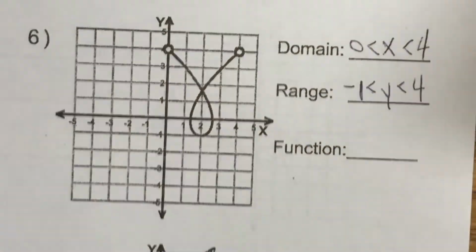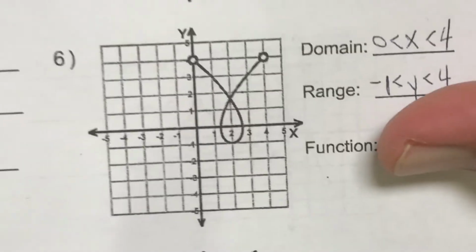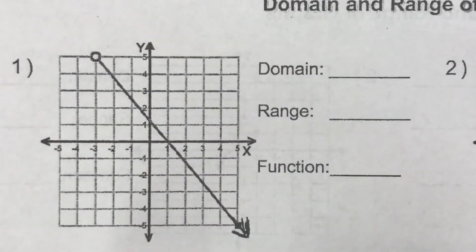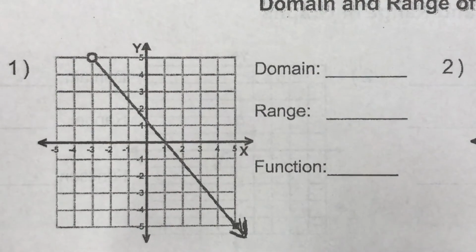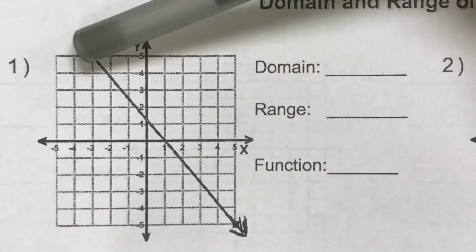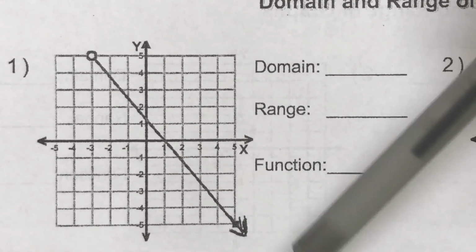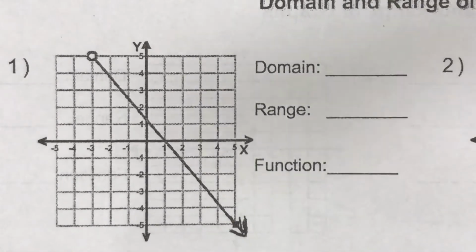Now let's look at a graph with an arrow. Here we have a starting point and a line with an arrow that keeps going on forever and ever and ever in this direction.